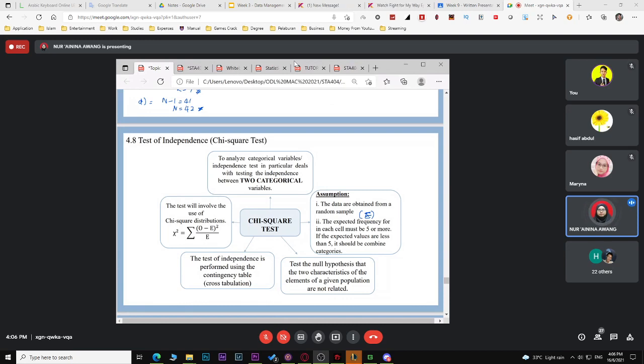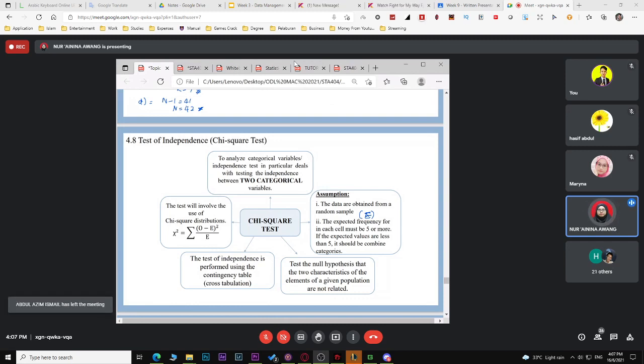Another statement is that the test of independence is performed using the contingency table or cross tabulation. If you remember in topic 2, for presentation of data or graphical presentation, we divided data into two types, either categorical or numerical. If the data is categorical, you can present it using a frequency table, cross tabulation table, pie chart or bar chart.